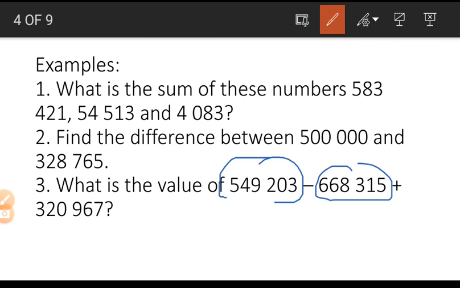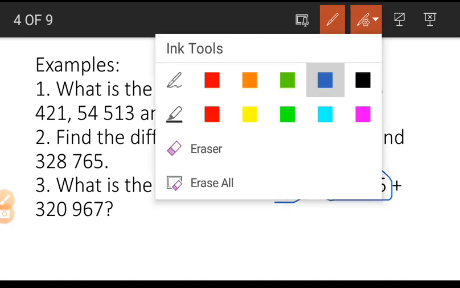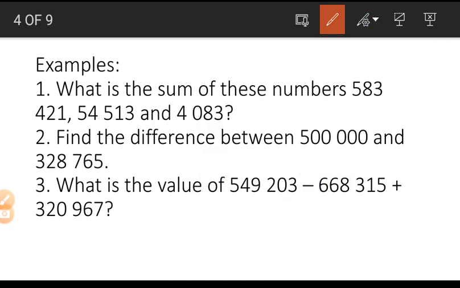So what do we do? Well, we simply follow the rule of BODMAS, which says that addition should be done before subtraction.